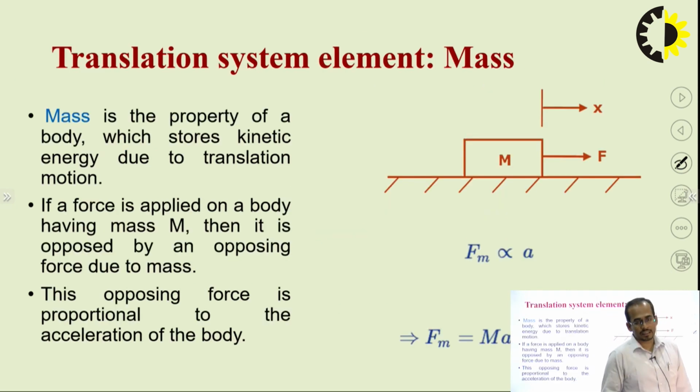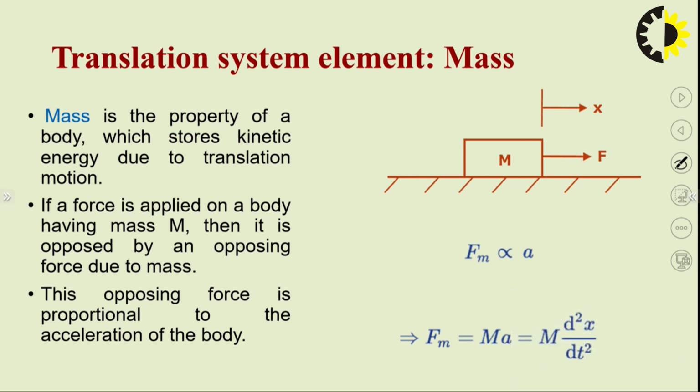Now, coming to the basic elements of the mechanical system. The first basic element is mass. Mass is the property of a body which stores kinetic energy due to translational motion. If a force is applied on a body having mass m, then it is opposed by a force due to the mass. This force is nothing but m into a, where a is acceleration and m is the mass.